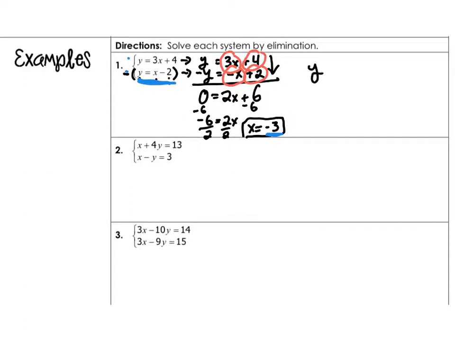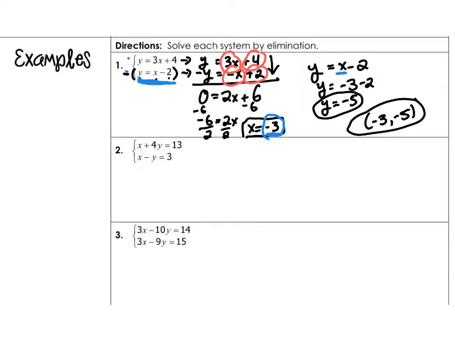So I'm going to write my y equals x minus 2, the original equation we had for the second part of the system. Now, I'm plugging in this negative 3 in here for x. So we get y equals negative 3 minus 2. So y equals negative 5. And therefore you get negative 3, negative 5.